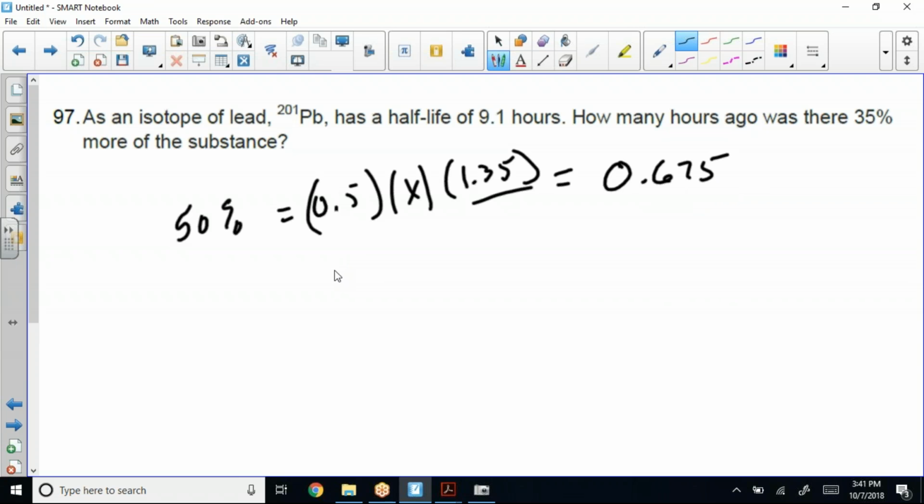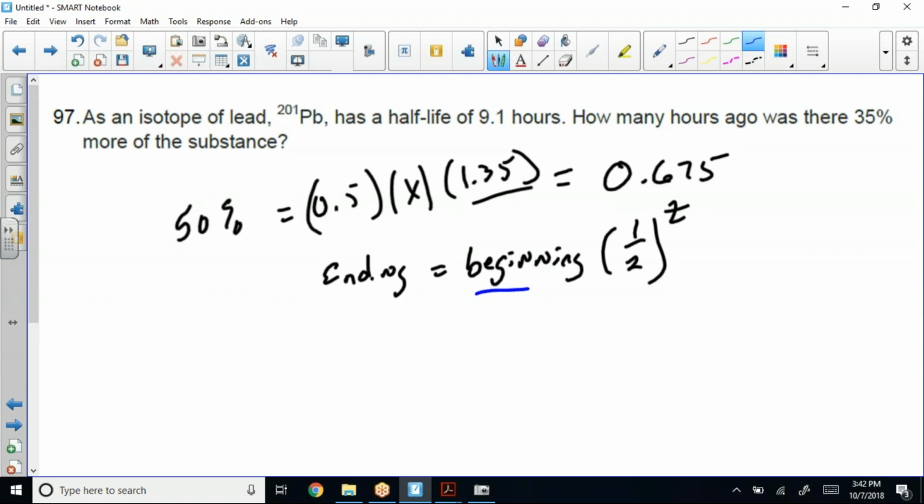So I'll write this out. The base is 1/2 raised to the time, right? Ending over beginning. So basically your ending amount is that percent. Ending divided by beginning should be 0.675, so 1/2 raised to the t.